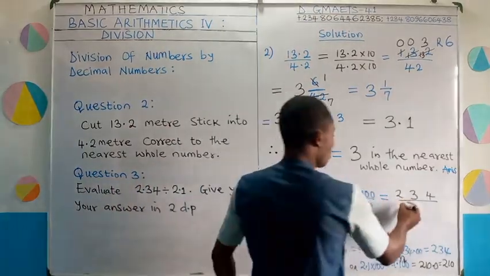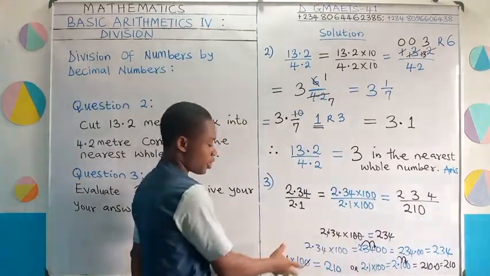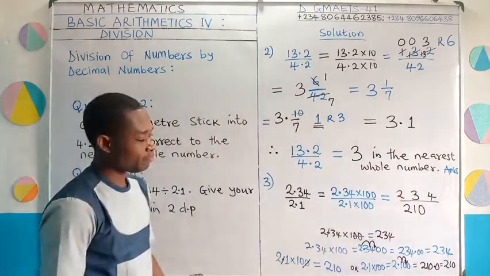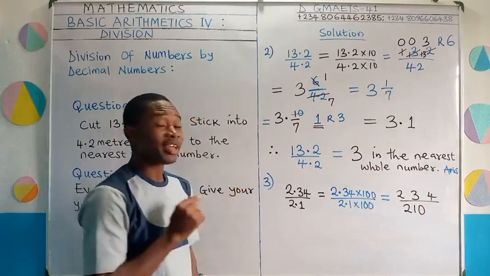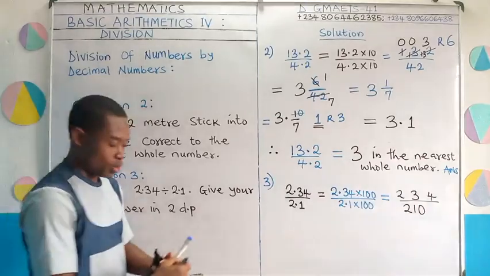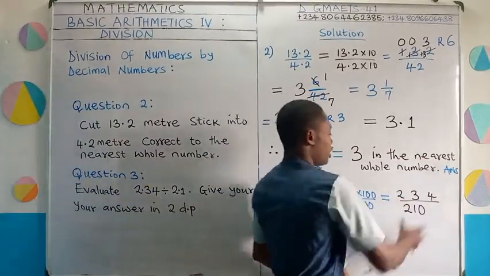Okay, let us go. This is 210. I hope you pause this video at this point and then copy out how I got these values from this multiplication, okay? I'm now going to divide 234 by 210. Remember the question said I should get my answer in 2 DP, 2 decimal places. So this is going to be equal to, I'll come over here and then divide.